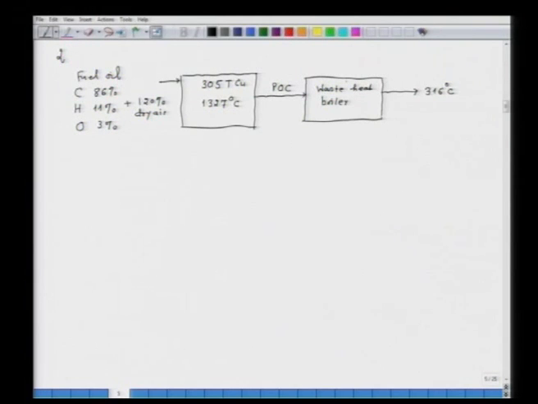Now, here it is given to us heat loss is 15% of the heat input, NCV of the fuel is given, 9446 kilocalorie per kg. This is given to us, and from the furnace the heat losses are said to be 1/2 of that required for heating.